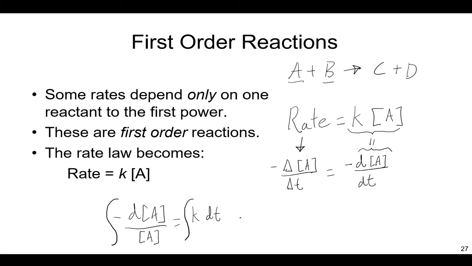And you end up getting something that looks like natural log of A over A naught, once you collect some terms due to the property of logs, equals negative kt.